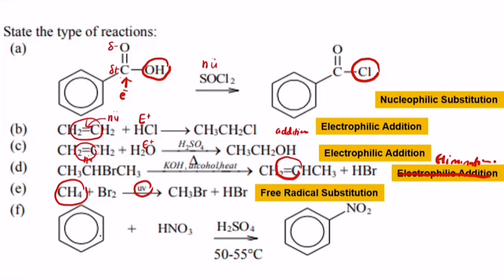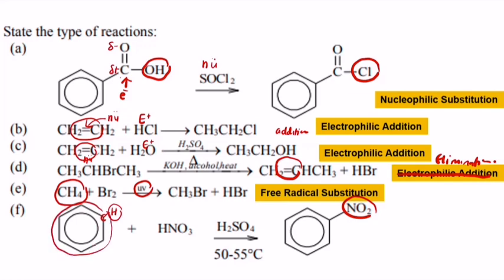And lastly, when we have this benzene ring reacting with HNO3, this hydrogen has been substituted with NO2. So this is a kind of substitution reaction. The type of substitution depends on the reaction site. This carbon is the reaction site, and this carbon is located in the benzene ring.